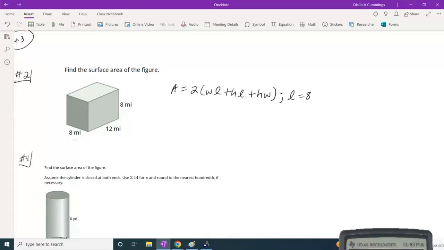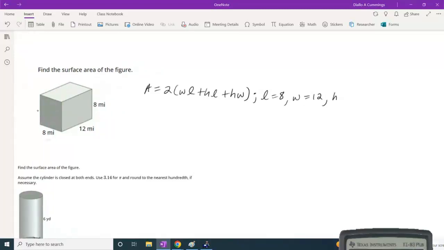That's my length. The width is 12. And the height is 8. Right, so I'm just going to substitute those into the formula.